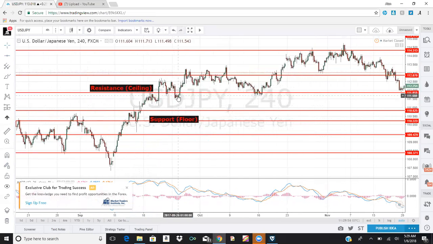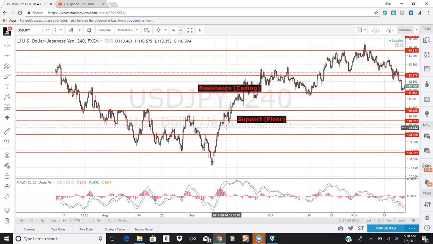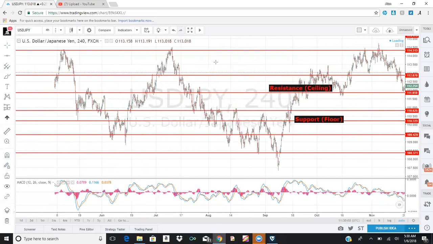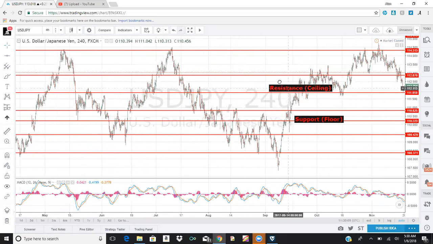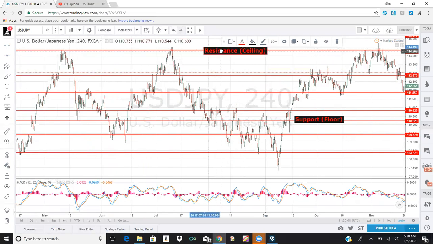So basically, easiest way to put it, think of support and resistance as floor, ceiling, levels that the market respects, right? If we zoom out, we can see that this right here is a key level of resistance. Every time the market gets around this area, it's respected it and looks to sell, right?